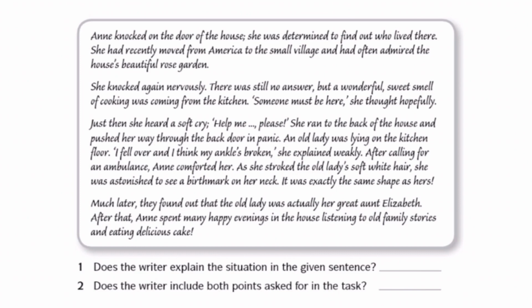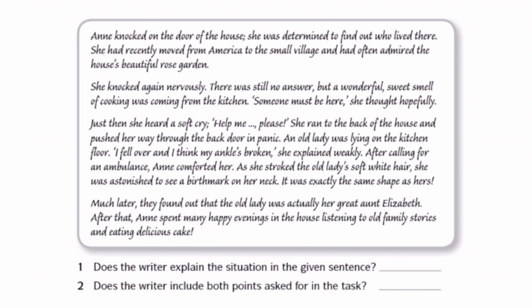Just then, she heard a soft cry, "Help me, please." She ran to the back of the house and pushed her way through the back door in panic. An old lady was lying on the kitchen floor. "I fell over and I think my ankle's broken," she explained weakly. After calling for an ambulance, Anne comforted her.